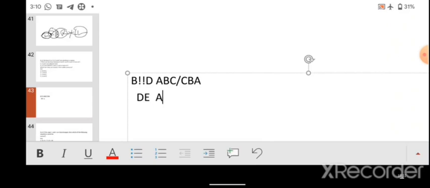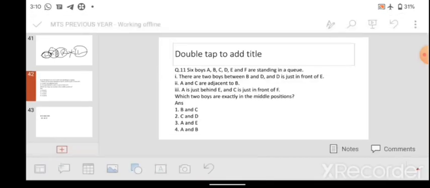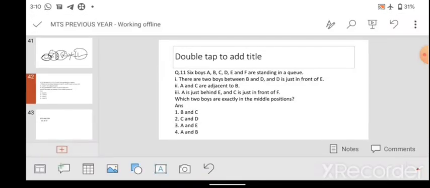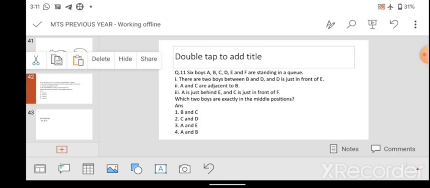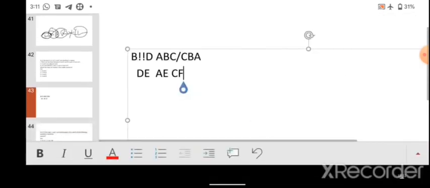We know there would be EA, and we also know there is CF. What else is given? Okay, this is all that is given. D is just in front of E, A is just behind E, and C is just in front of F. Okay, let's proceed.